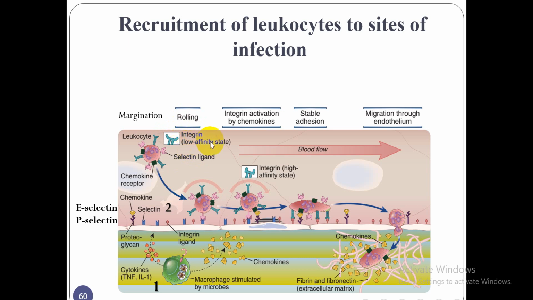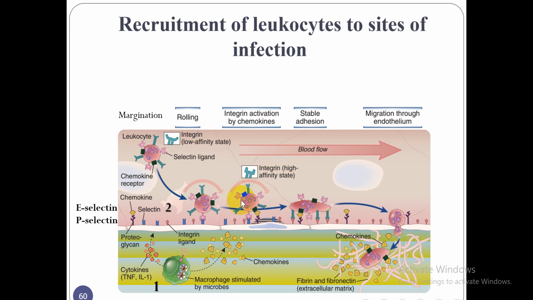We have low affinity state, but after the attachment of chemokine to chemokine receptor on the surface of the neutrophil, low affinity state of integrin changes to high affinity state.